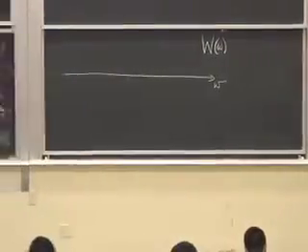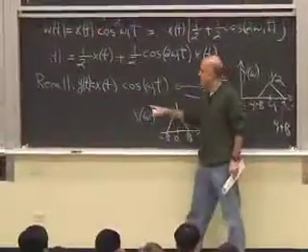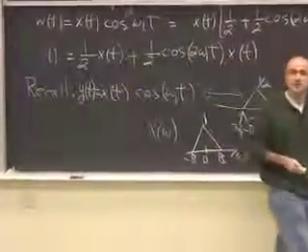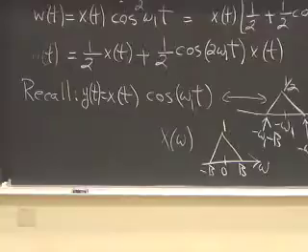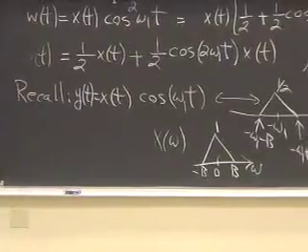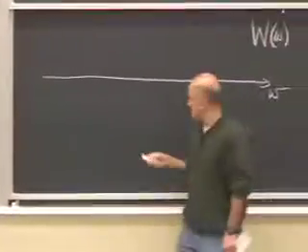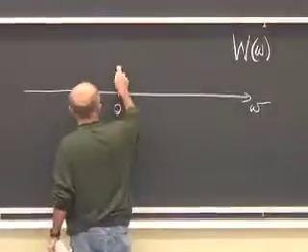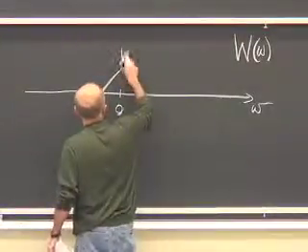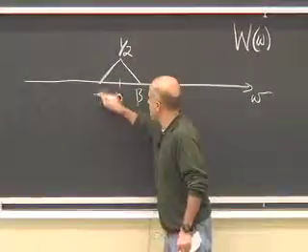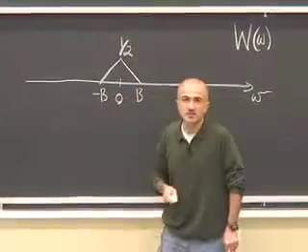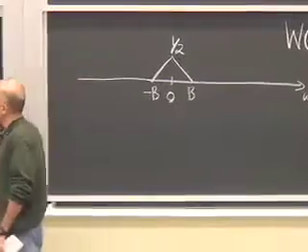If x of t has this spectrum, what do you think 1/2 x of t will look like? And where will it be centered at? Centered at 0, height 1/2. Okay? B, minus b. I'm going to stop writing these b's and minus b's because you get the idea.